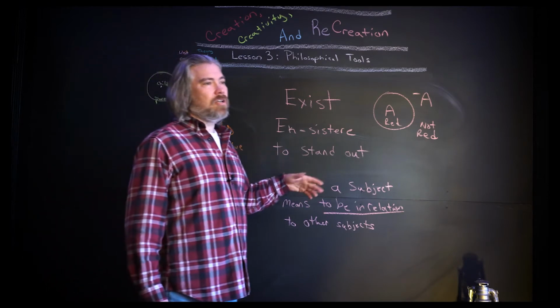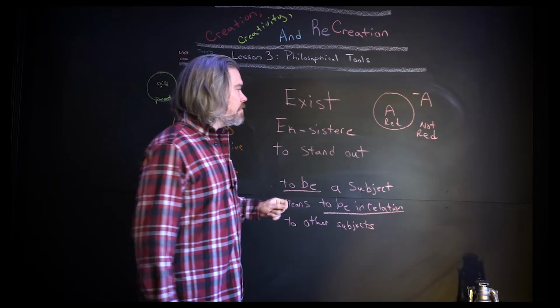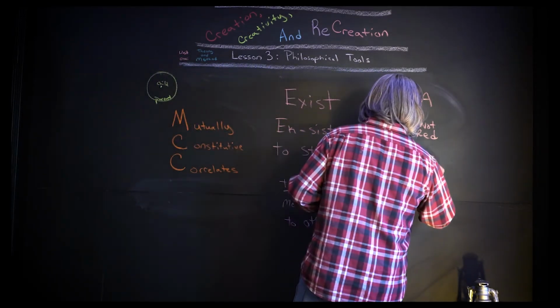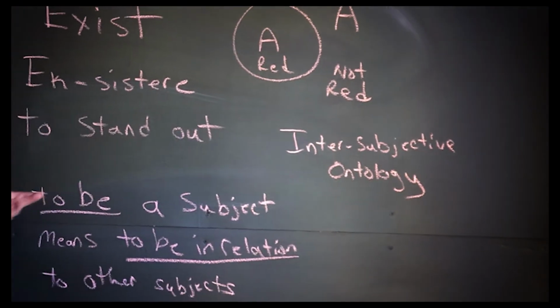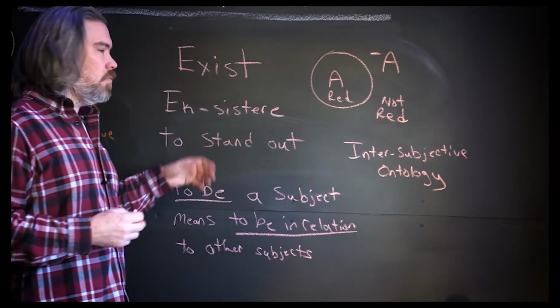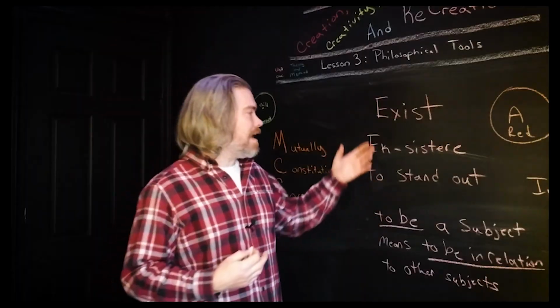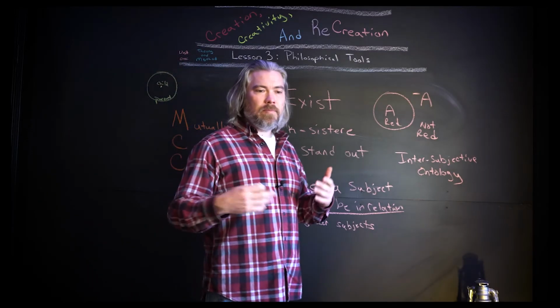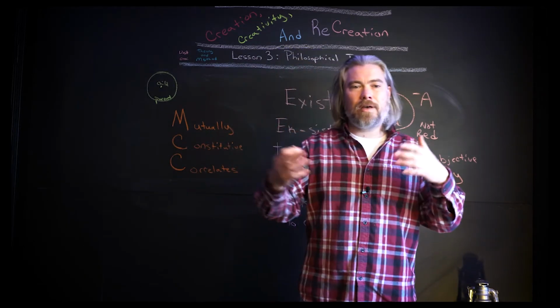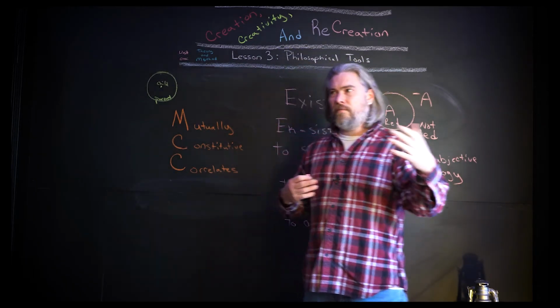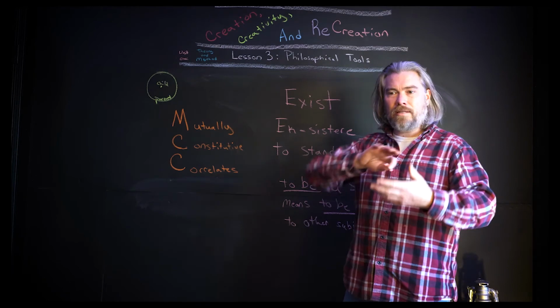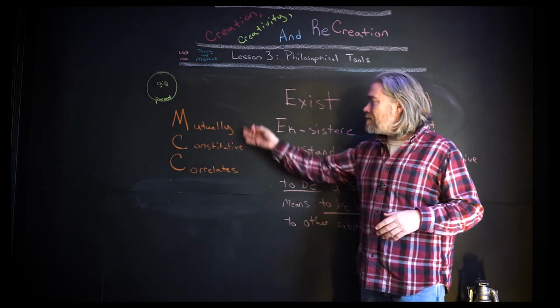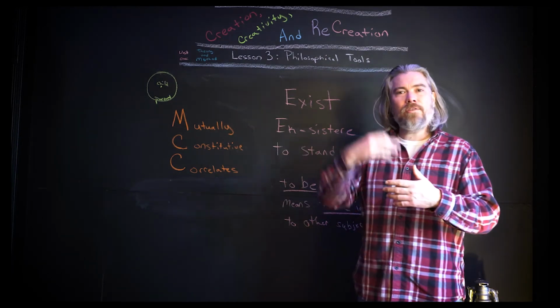In the West, it's usually called intersubjectivity or something like that. Intersubjective ontology. We depend on one another for our existence. I exist because I stand out from you. I exist more fully because I know you or because I am the object of your concern. Even though I'm not an object, I am a subject, but my subjectivity arises mutually with you, right?